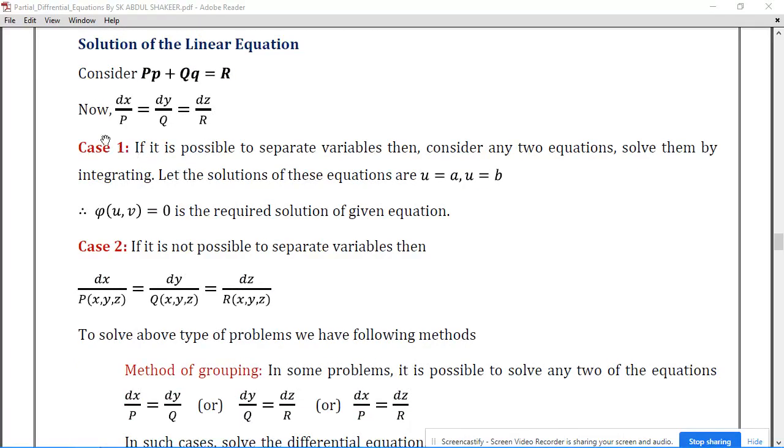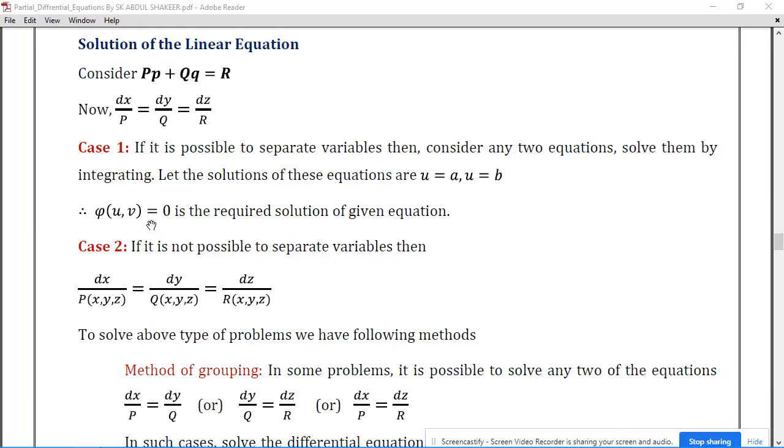Now we have two cases to solve such a Lagrange's linear partial differential equation. If it is possible to separate the variables, then consider any two equations and solve them by integrating. Let the solutions of these two equations be u equal to a, v equal to b.